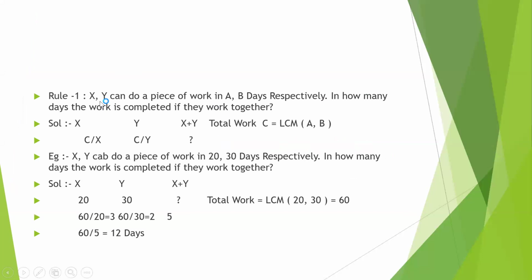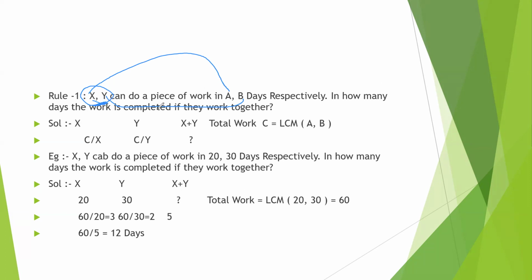Suppose X can do a piece of work in A days, where A and B are integers, and Y can do the same work in B days. If X and Y combine, in how many days will the work be completed?